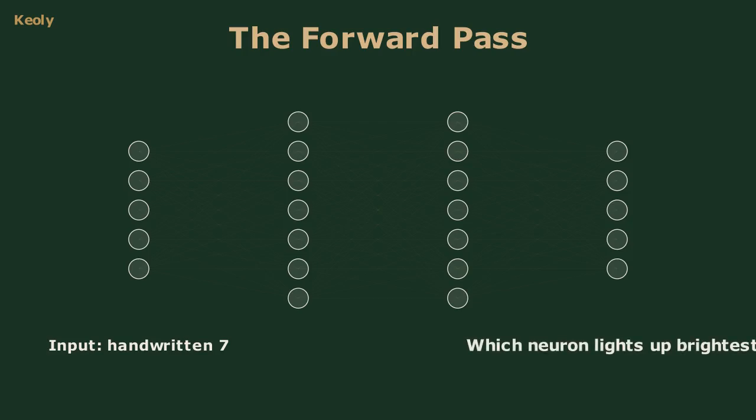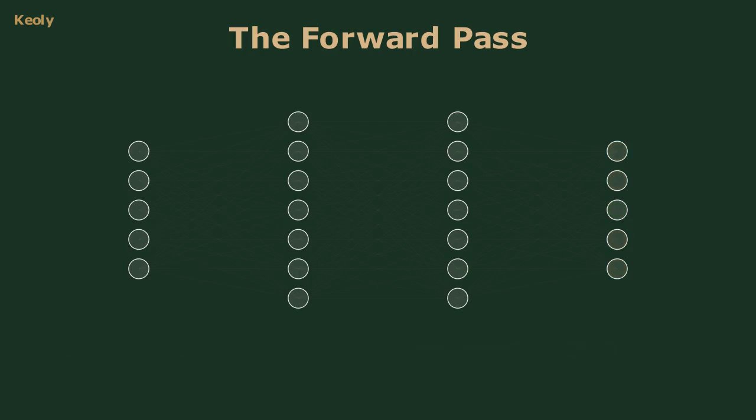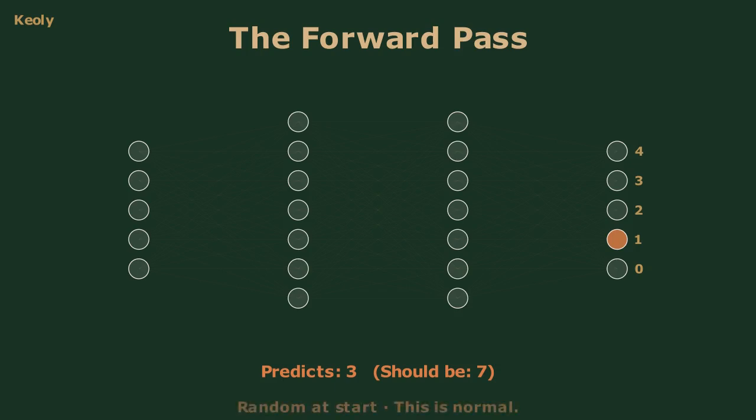By the time the signal reaches the output layer, one of the 10 neurons should be brightest. In a well-trained network, the 7 neuron would light up. But right now, our weights are random. So maybe the 3 neuron lights up brightest, or the 9. The network guesses randomly, because it has no knowledge yet. That random guess is fine. It's where we start.